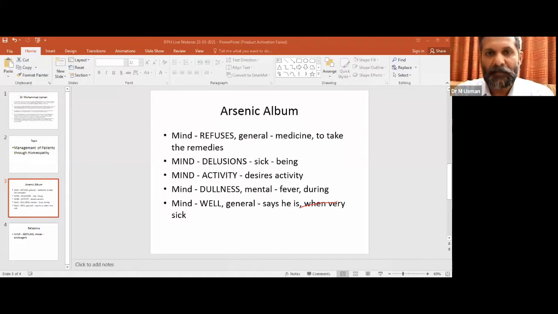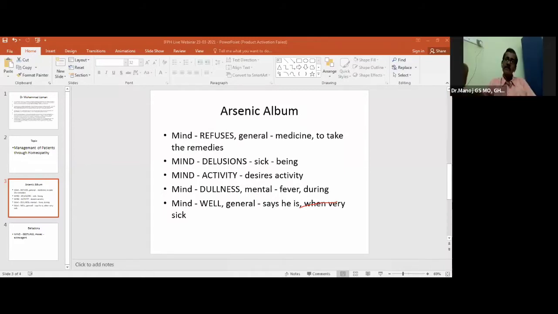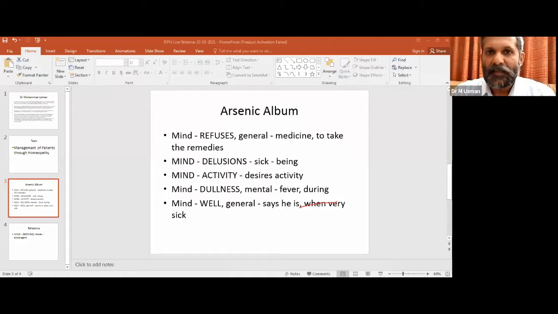Her mother told me one more important thing that was important for me, not for them. What was that? He was not ready to use medicine. I said to her, how do you know that he was not ready to use medicine?